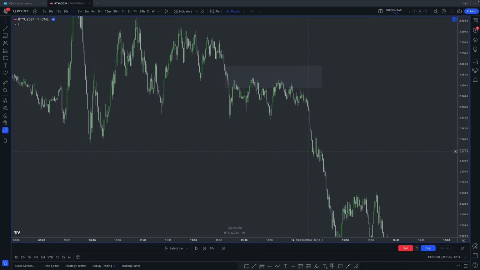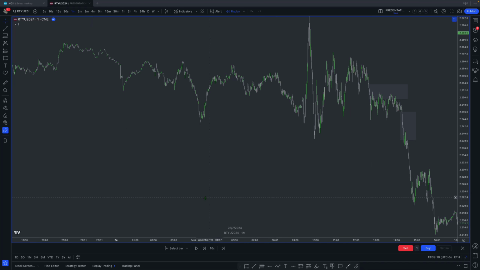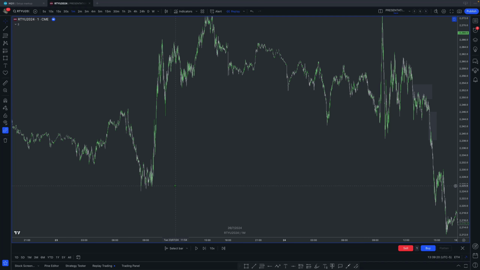I'm expecting second stage distribution, and when you're expecting all those things and it's the 2 o'clock hour, this is 2:25 right here, then you can really trust that we've had this huge drop lower, and we should be able to sell right here and watch it continue down into draw on liquidity, being this low down here.